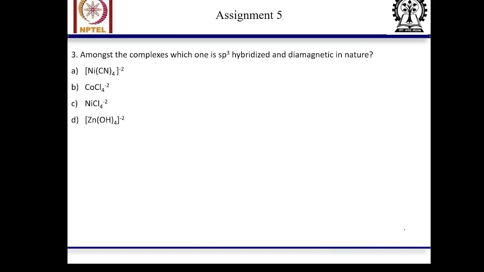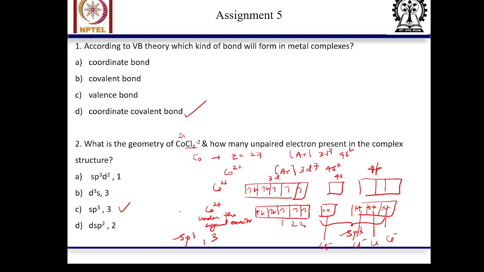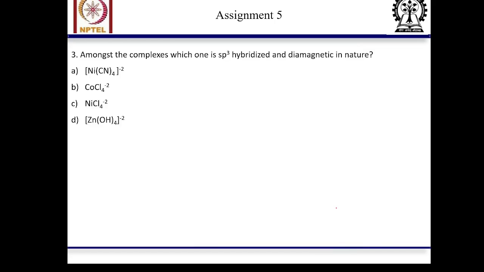Among the complexes, which one is sp3 hybridized and diamagnetic in nature? Now I will just draw the orbitals directly, without writing out the metal each time. Here nickel 2 plus, here cobalt 2 plus, here nickel 2 plus, here zinc 2 plus.